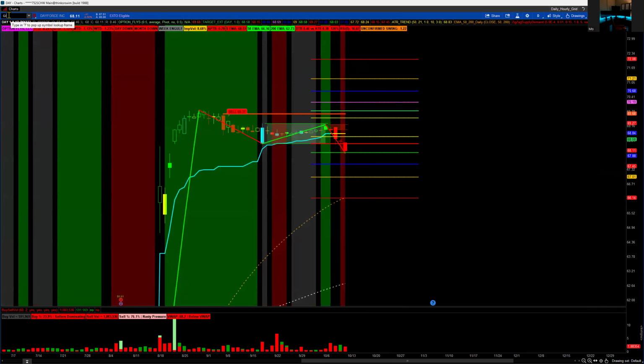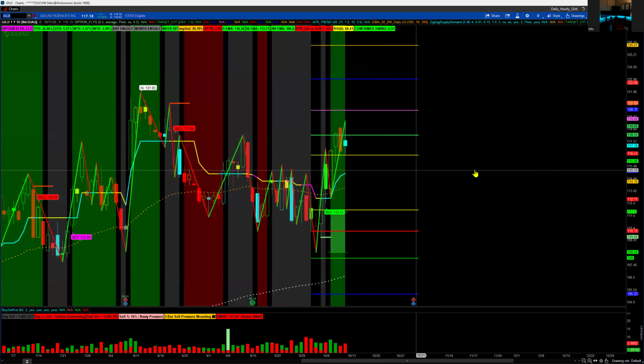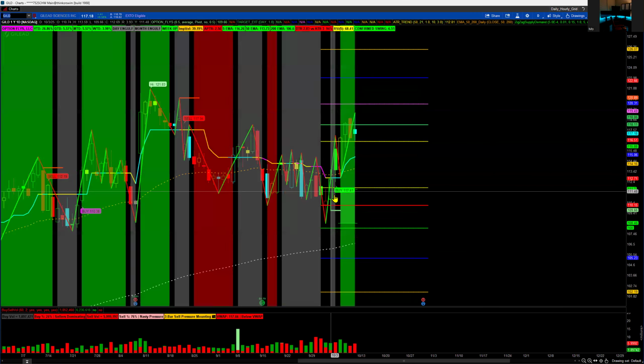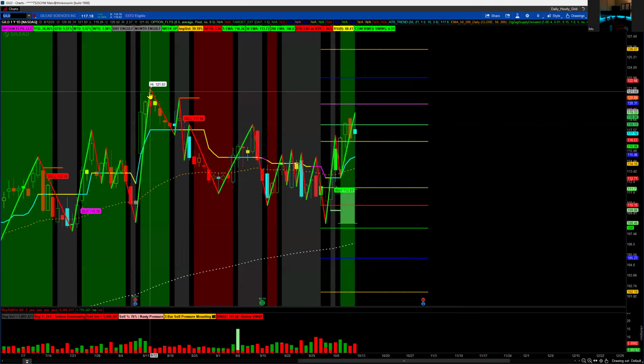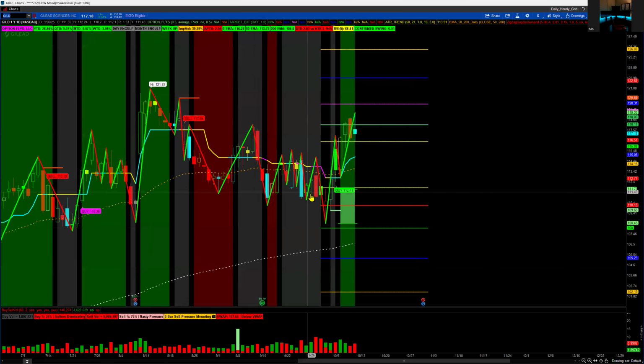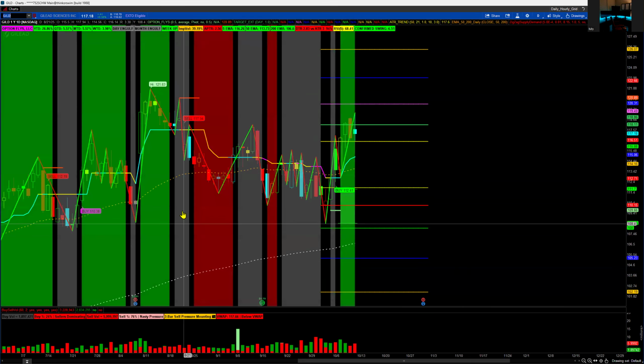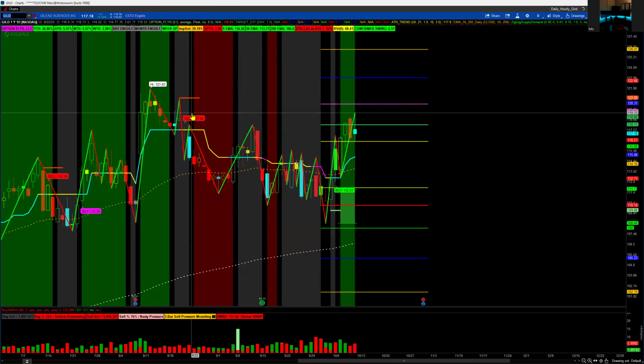GILD. See? Basically, these stocks made a high, then pull back toward the 50. This is what I'm trying to condition. The stock makes a high, rotation goes toward weakening, into the lagging quadrant, right?